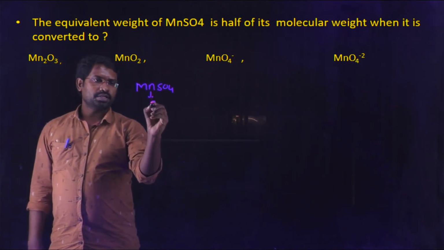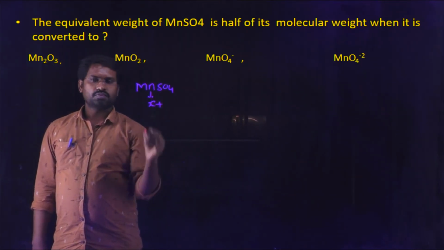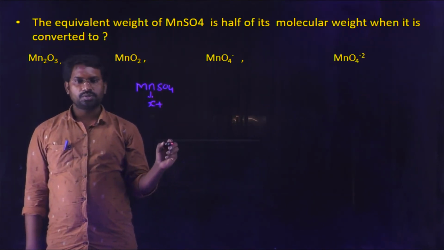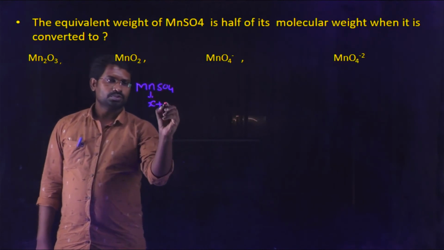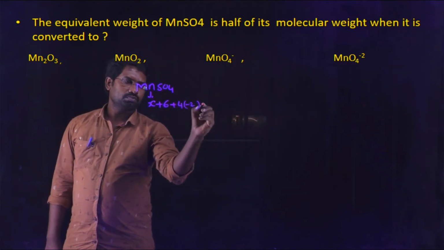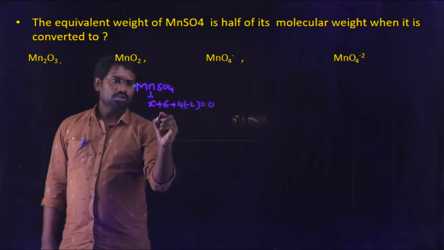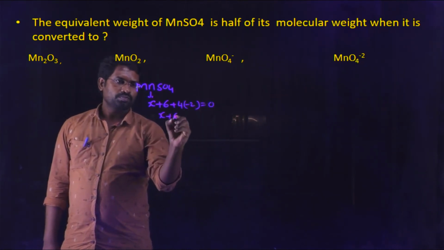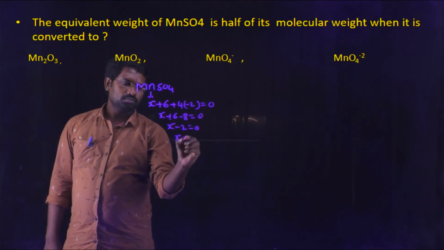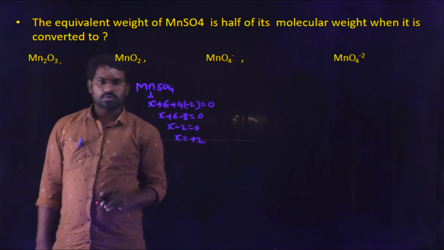Find the oxidation state of manganese. Let it be x. Sulfur belongs to the 16th group: oxygen, sulfur, selenium, tellurium, polonium. So plus 6, plus 4 into minus 2 for oxygen, and the charge is 0. Therefore x plus 6 minus 8 is equal to 0, x minus 2 is equal to 0, x is equal to plus 2.